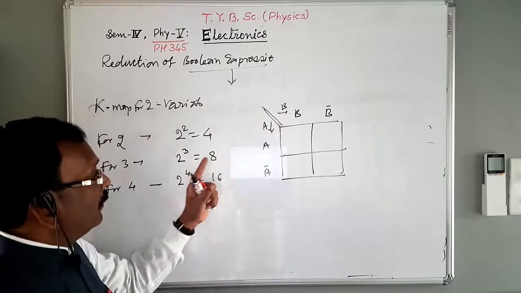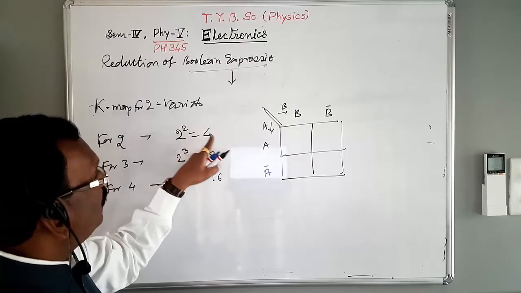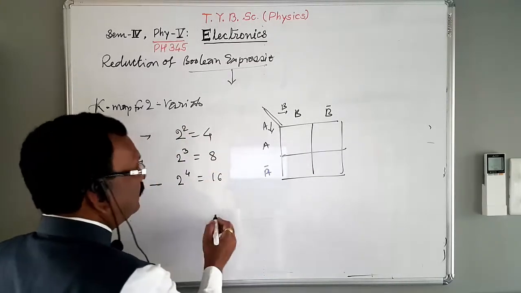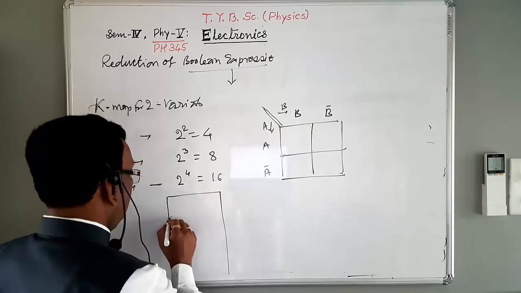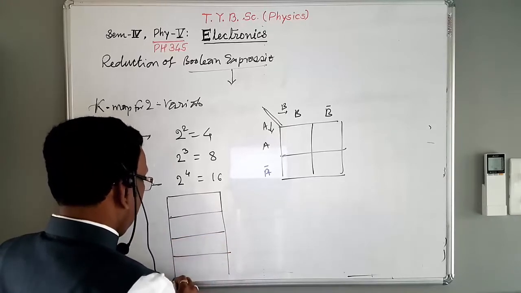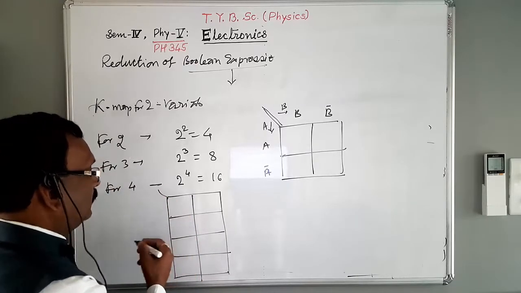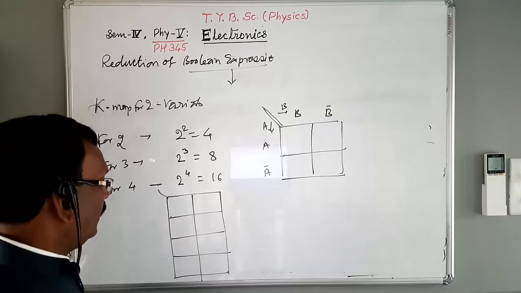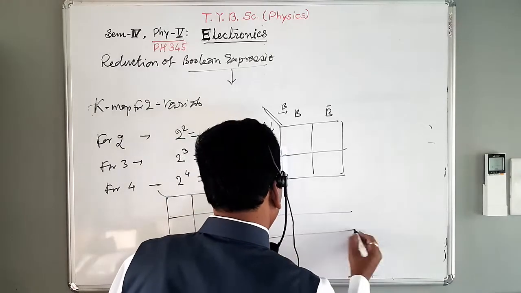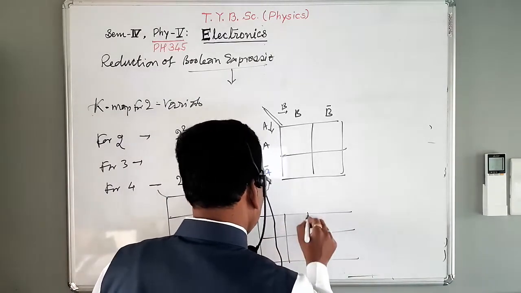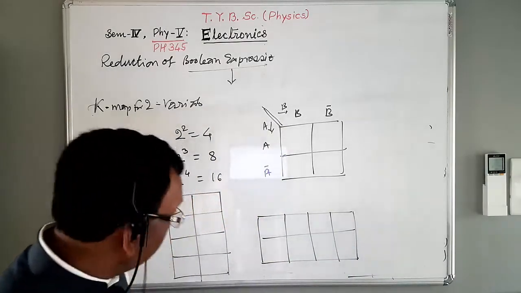Now there are 4 cells, because 2 raised to 2 is equal to 4. When we consider 3 variables, we have 8 cells like this.